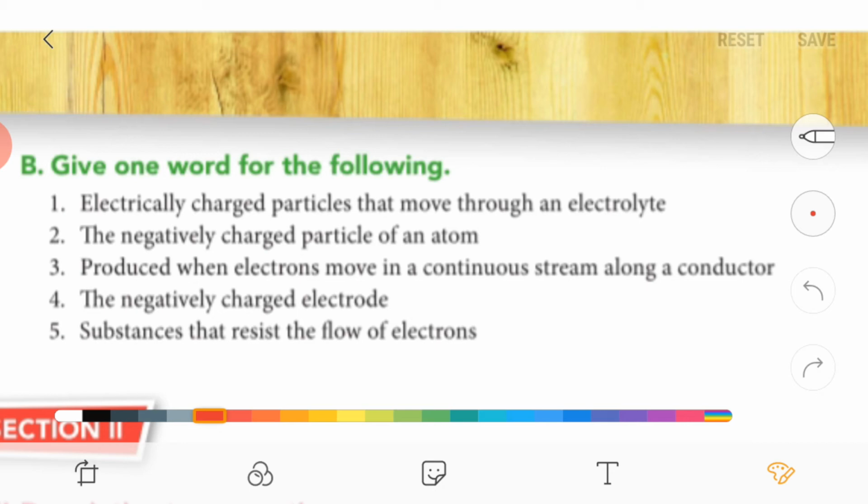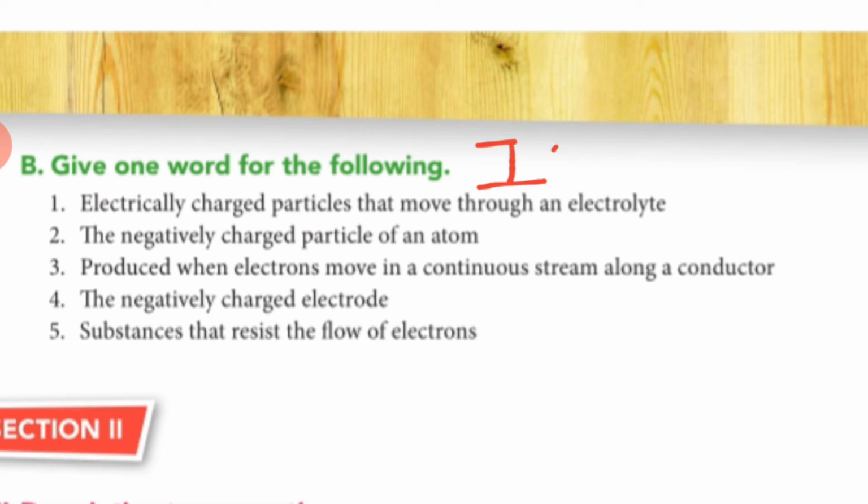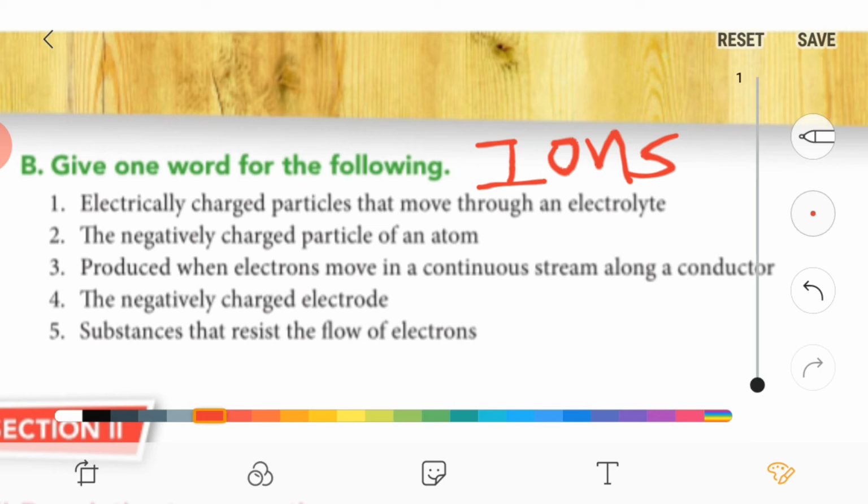Here, first question, electrically charged particles that move through an electrolyte. So it is ions. Second, the negatively charged particles of an atom.